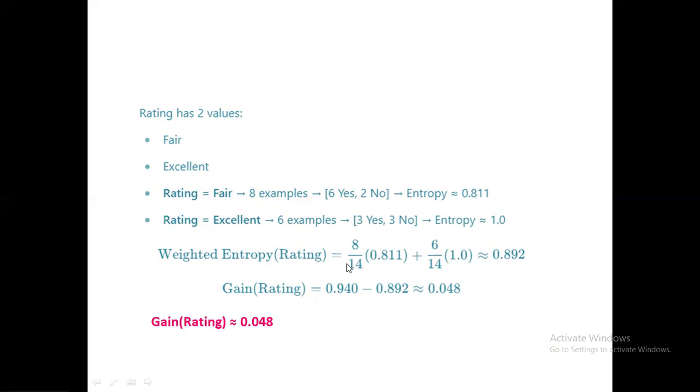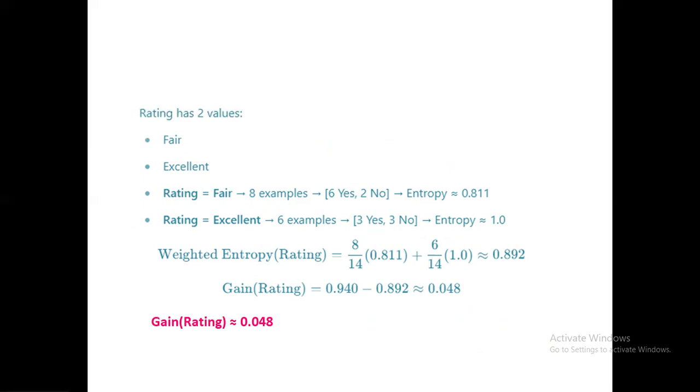Finally, adding, 8 plus 6 gives 14. So the weighted entropy for rating is 8 by 14 into this value plus 6 by 14 into this value. The gain is given by 0.940 minus this value. If you are subtracting, we are getting 0.048. So this is the gain value for the rating.